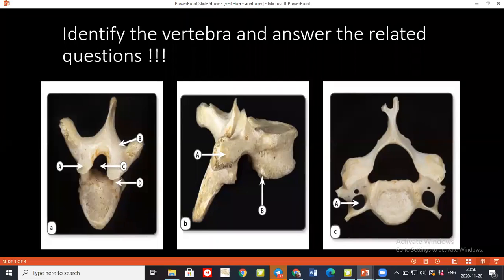There is a bifid spinous process. In C2, the body projects upwards to form the odontoid process. There is also a bifid spinous process, and there is a foramen in the transverse process. In C7, the spinous process is the longest, and it can be felt superficially. There is no foramen on the transverse process in C7, and the body is heart-shaped, like a thoracic vertebra.